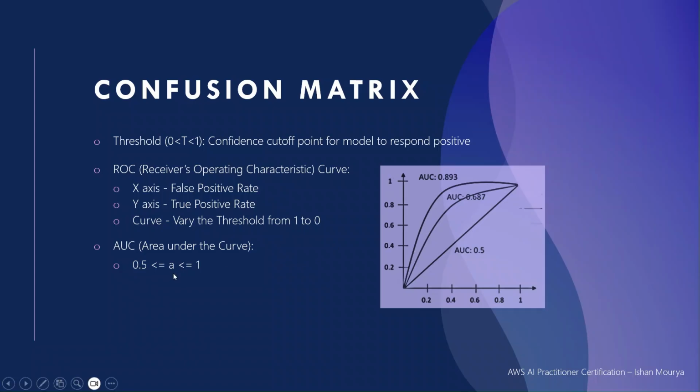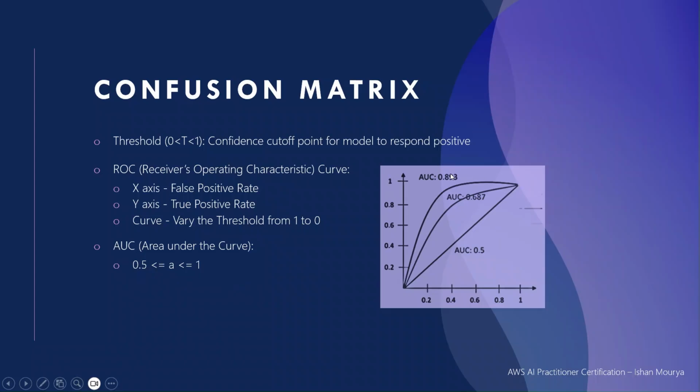In the worst case, the area under the curve would be 0.5. If you calculate it, it's a triangle, so 1 by 2 into 1, that is 0.5. In the worst case, this area under the curve will be 0.5.